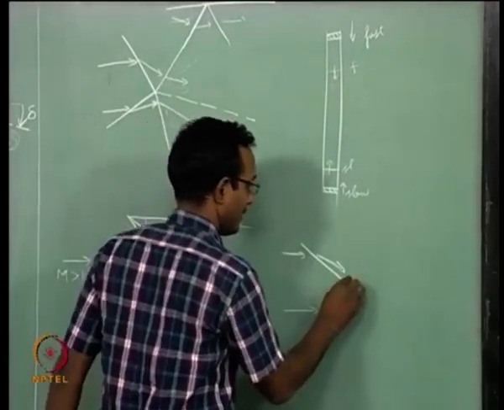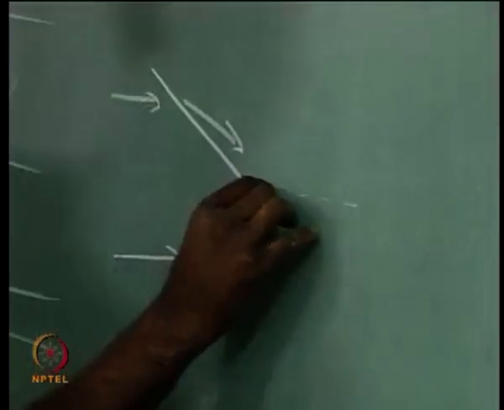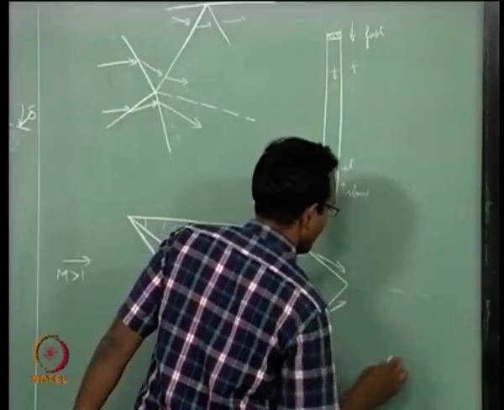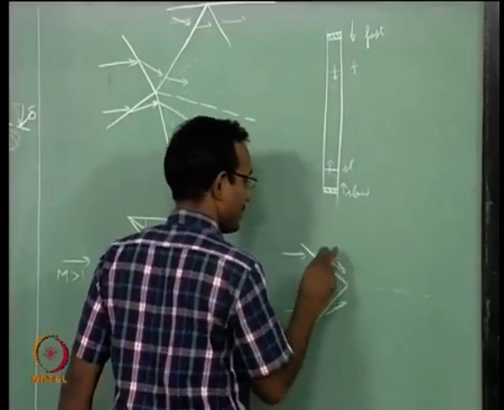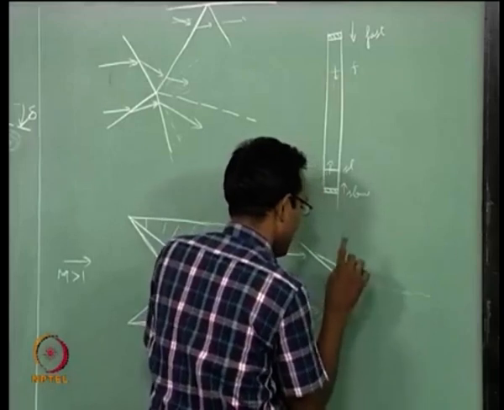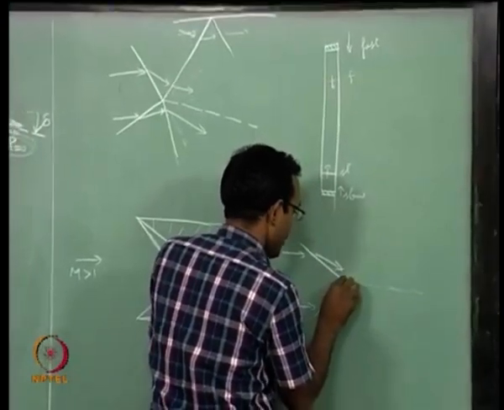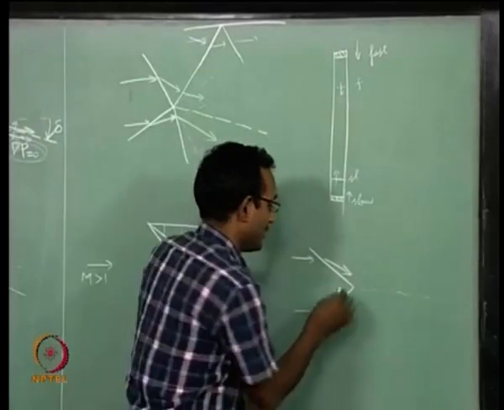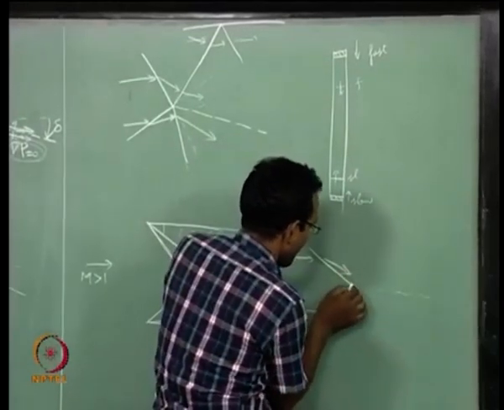When they come and meet, let us assume we have symmetric shocks, easier to work with, okay. And then I am saying it has to turn back, but the Mach numbers have decreased after the first shock. When that happens, it is going to go to a point where this particular theta is crossing the theta critical, the change in angle, right.